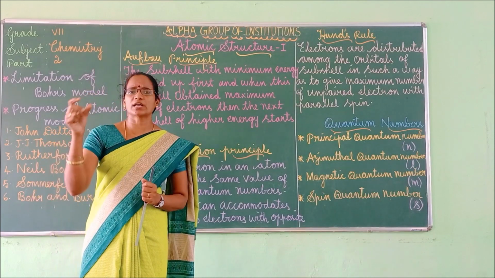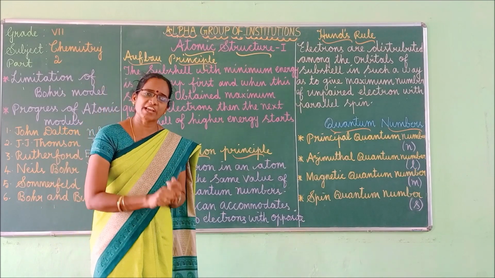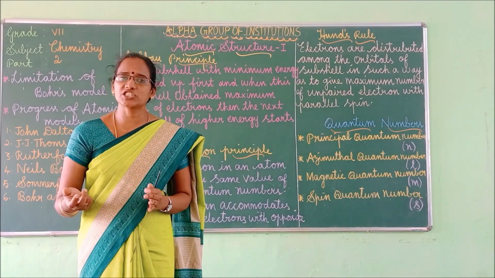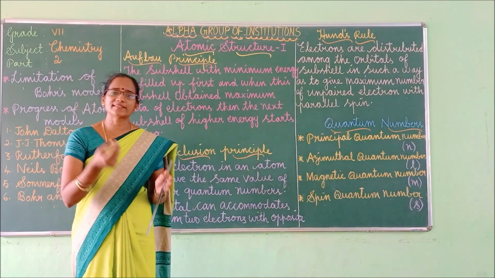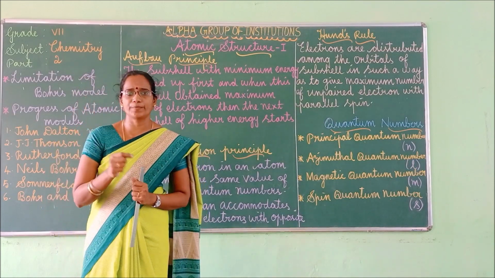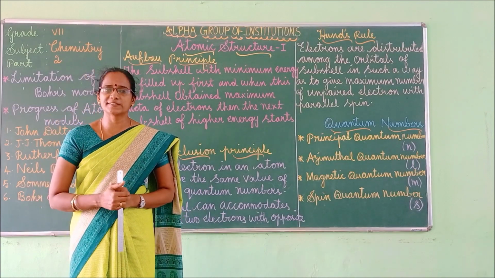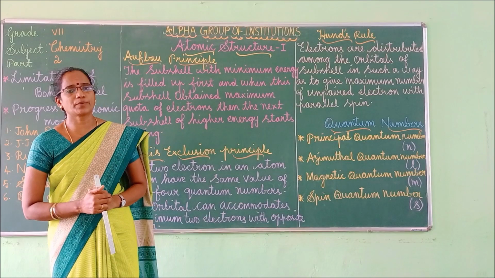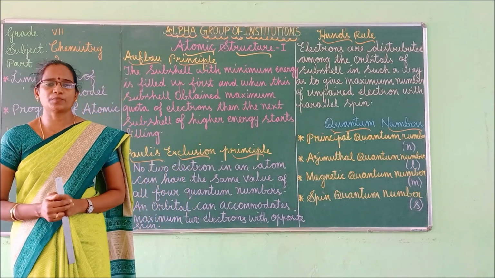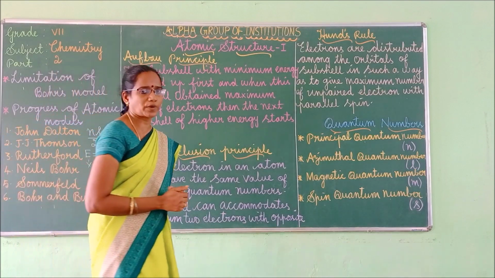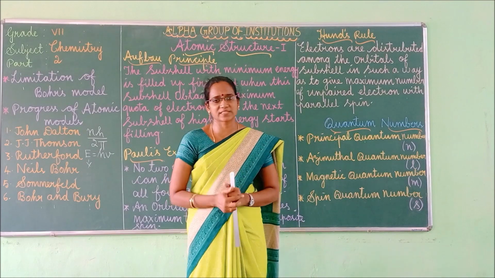They distinguish orbitals based on their size, shape and orientation, where orientation is nothing but position, by using different quantum numbers like the principal quantum number, azimuthal quantum number, magnetic quantum number and spin quantum number. I will explain the different quantum numbers at the end of this session.